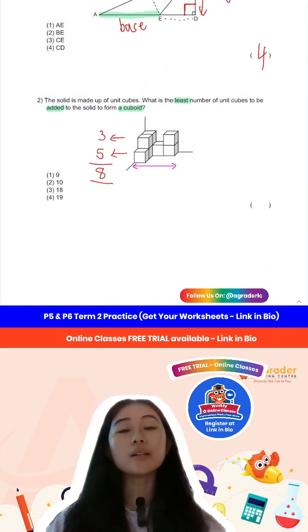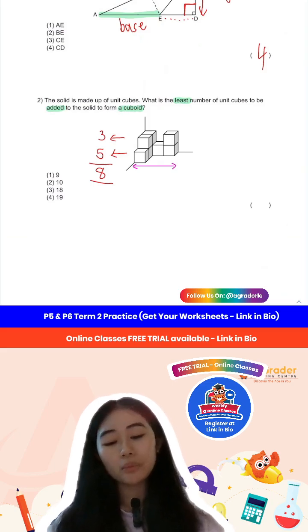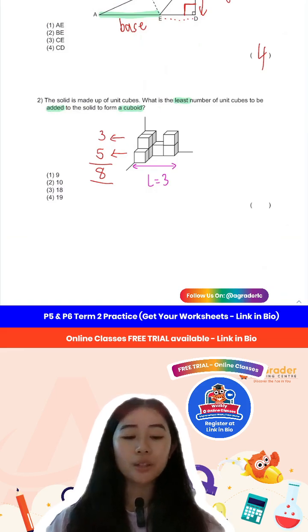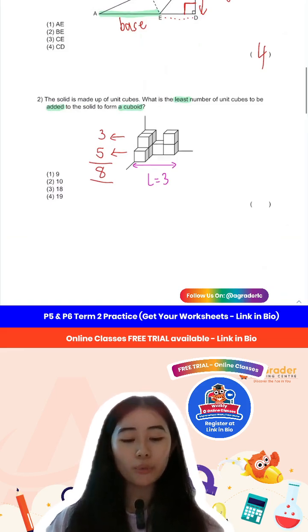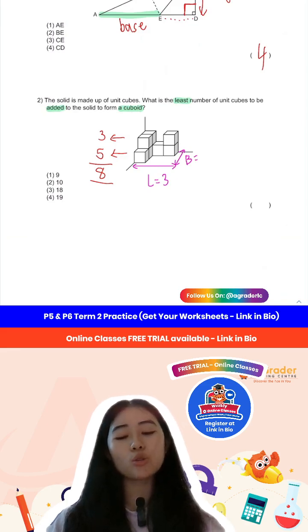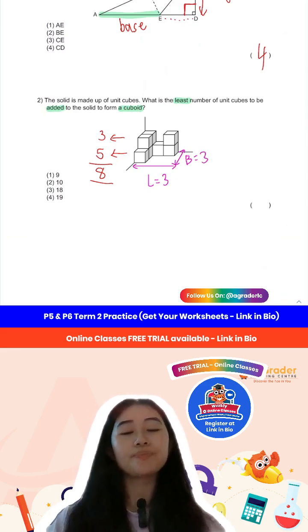Alright, so taking a look at the arrow that I've drawn, that is the length of the cuboid that you are trying to form. So this is 3 for your length. You're going to do the same thing for the breadth and the height. So breadth is also 3 cubes.